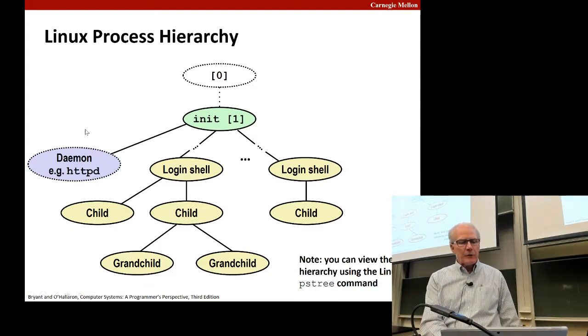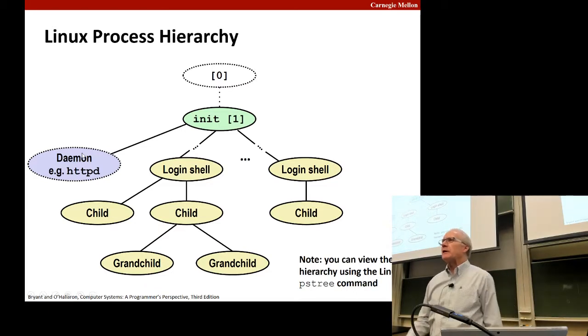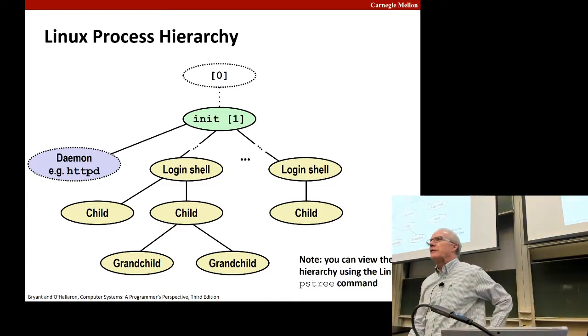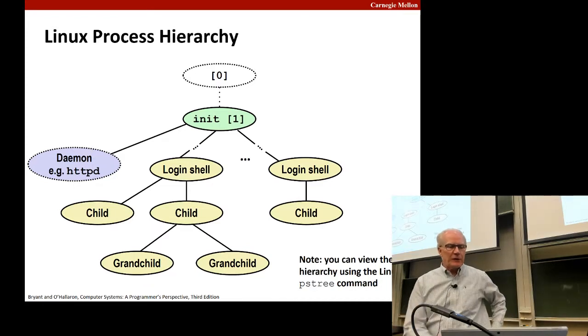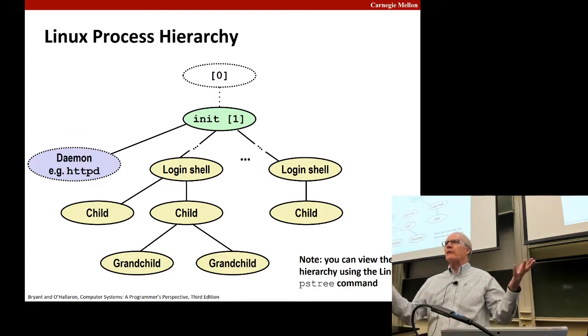And then there are some other processes that run in the background in a system that are known as daemons. Daemons are just ones that sit there quietly handling things in the background for you. So for example, httpd is the web server if your system is hosting a web page.